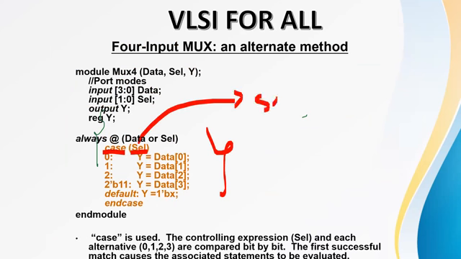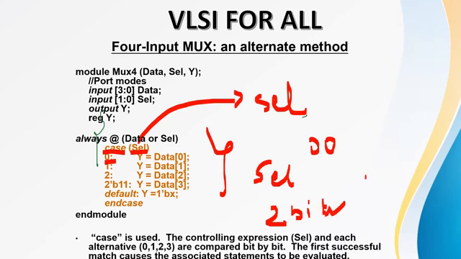That sensitivity is the select line, because based on the select line, the input gets selected and assigned to the output. The select line has 2 bits, that is 4 combinations: 0 0, 0 1, 1 0, and 1 1.